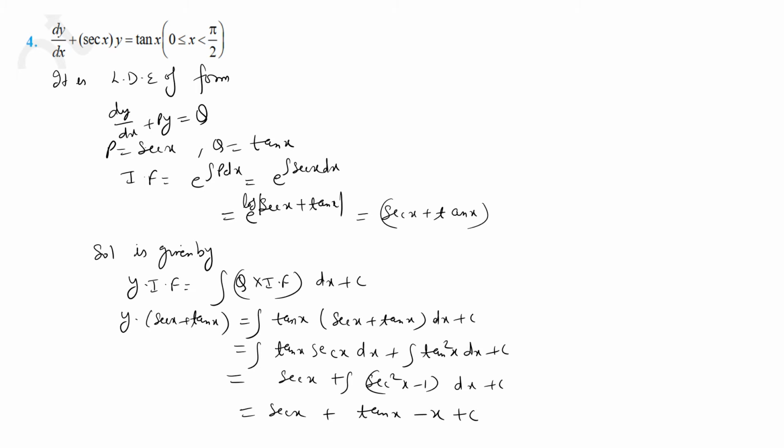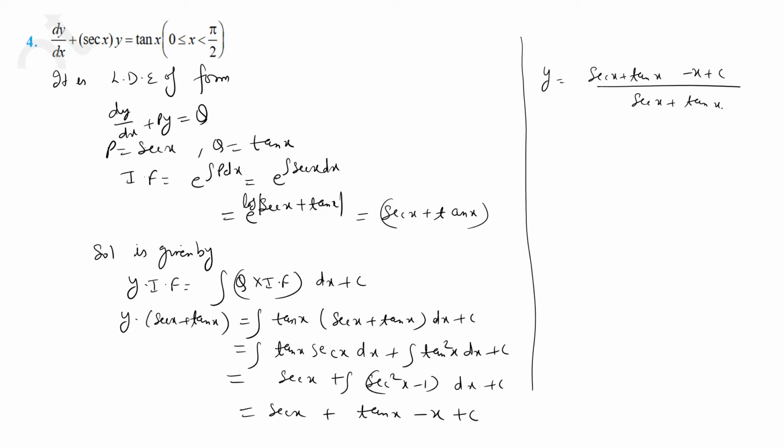Right? Now what we need to do is we just need to bring this secant x plus tan x down. So now we can get it as y is equal to (secant x plus tan x minus x plus c) upon (secant x plus tan x). Okay, so this is the way.